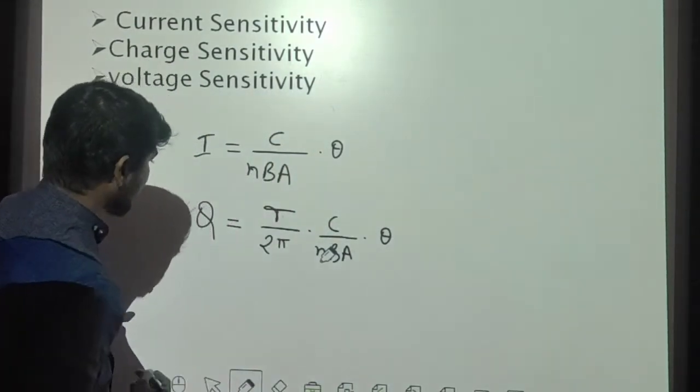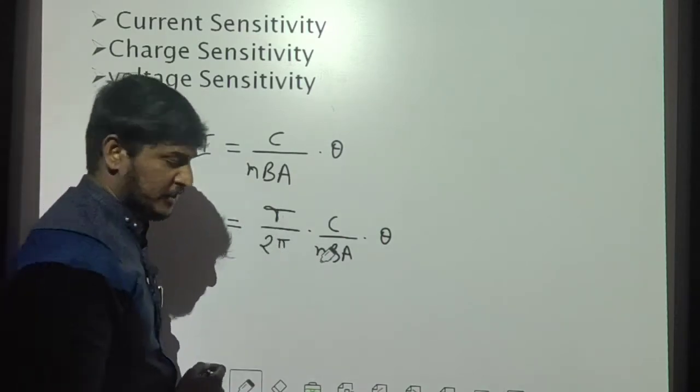For the next discussion we are going to use these two equations.